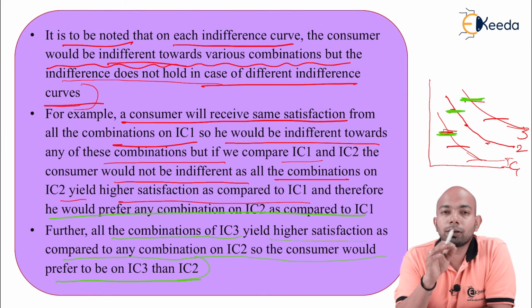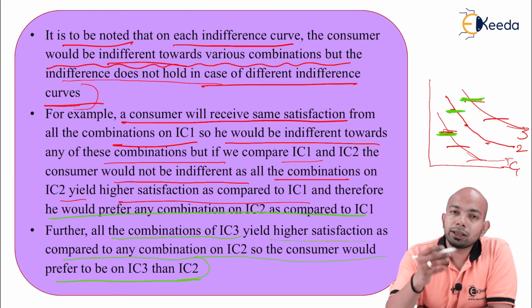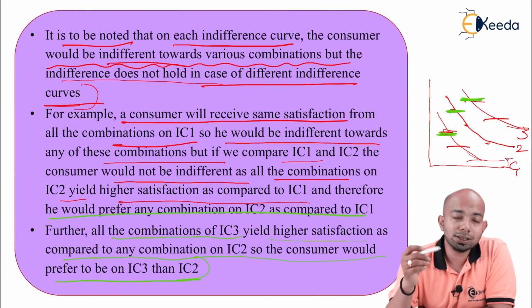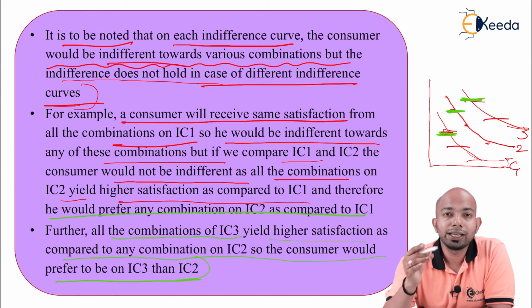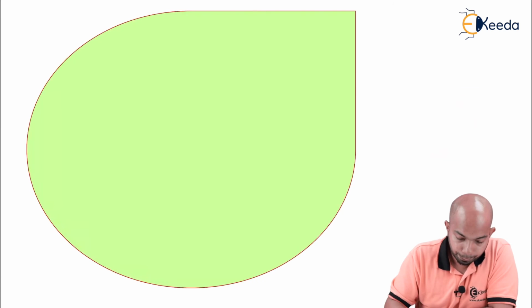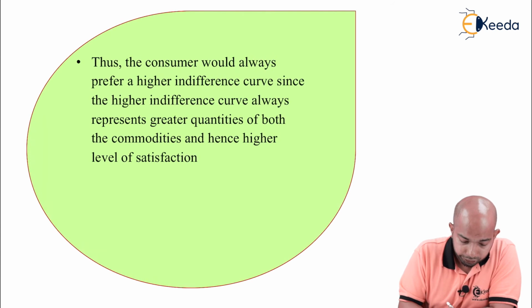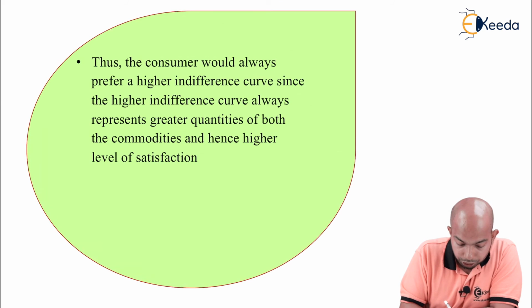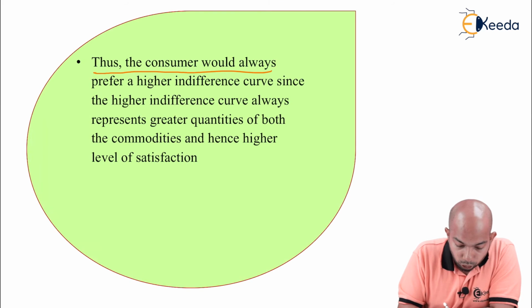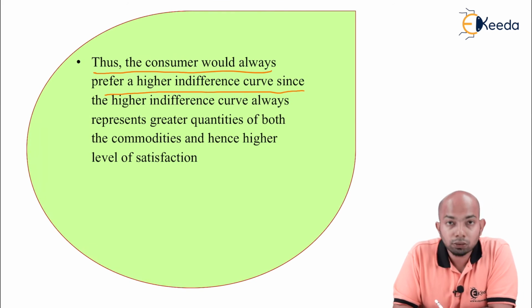Hence, the higher the satisfaction curve, the more the chances that you will be going on that curve itself and not on any lower curve. Thus, the conclusion is that the consumer would always prefer a higher indifference curve.